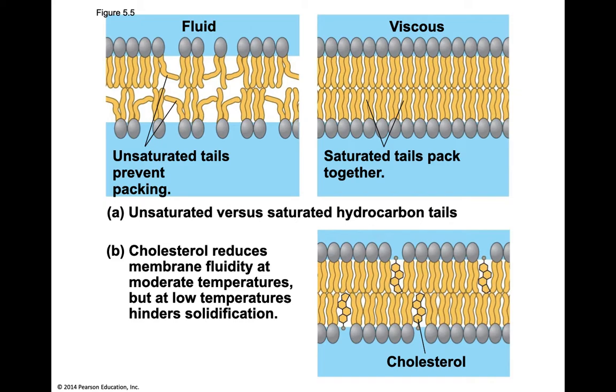So in order to make cells more fluid, maybe because temperature is going down, we might pack unsaturated fatty acids into the membranes by selectively creating phospholipids to sort of space out the cell. Alternatively, if we're worried about really high temperatures in cells or tissues, we might increase the saturated fatty acids in the phospholipids to help condense it. And we see actually these membrane changes happen in plants during the winter and summer months.